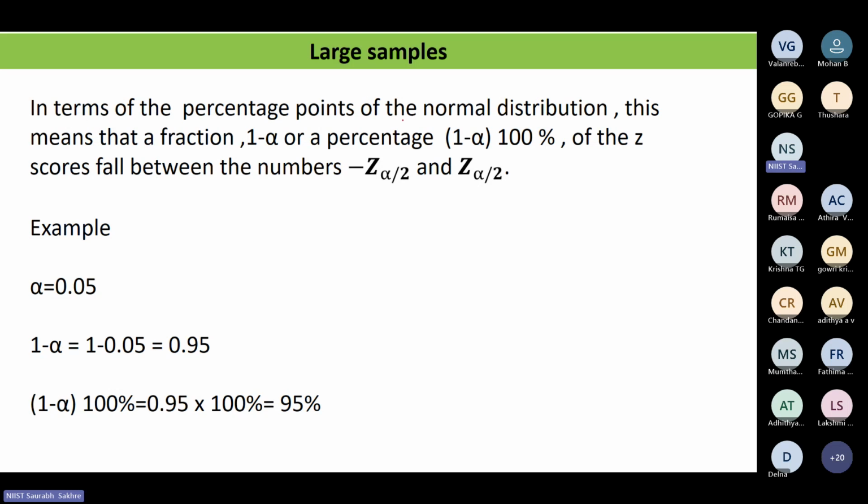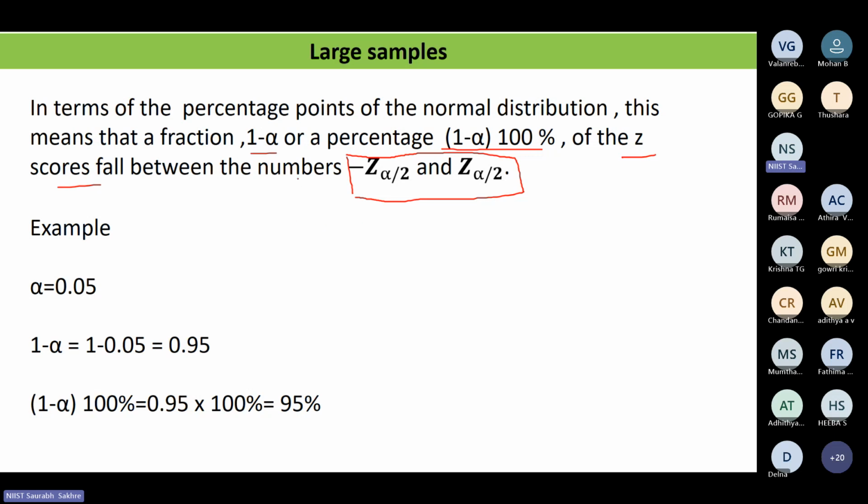In terms of the percentage points of the normal distribution, this means that a fraction 1 minus alpha, or a percentage 1 minus alpha times 100%, of the Z scores fall between the numbers minus Z alpha by 2 and Z alpha by 2. I told you last time why we are taking half, so that we can leave half on the minus side and half on the right side. Okay, we'll see one example.